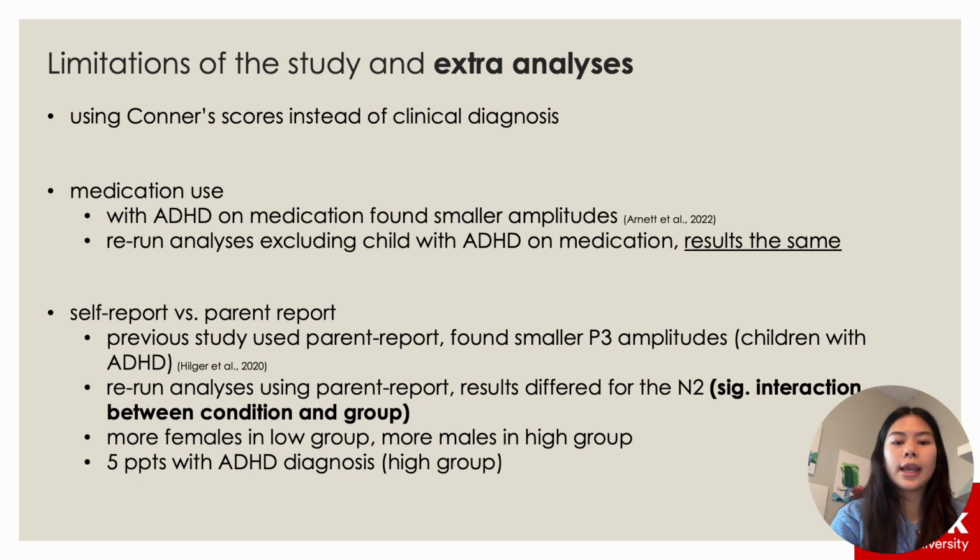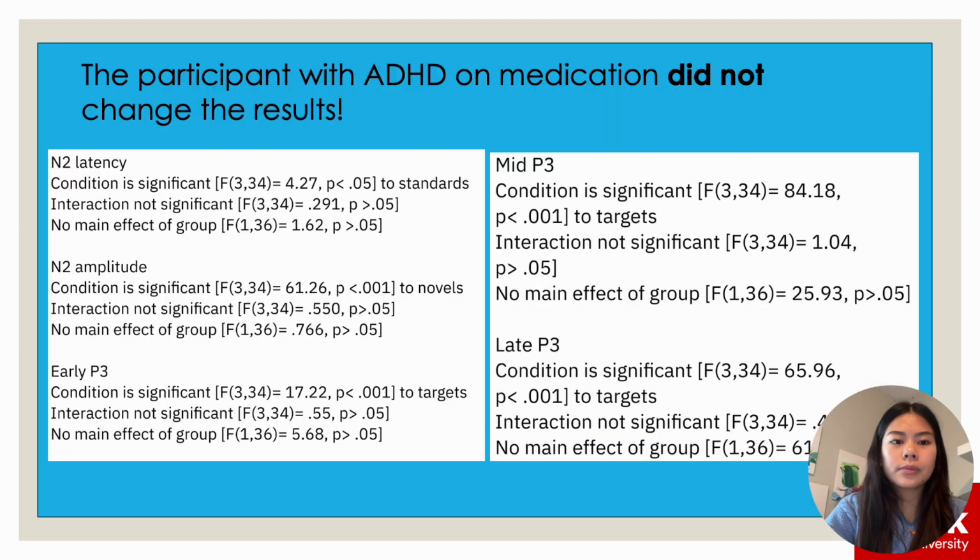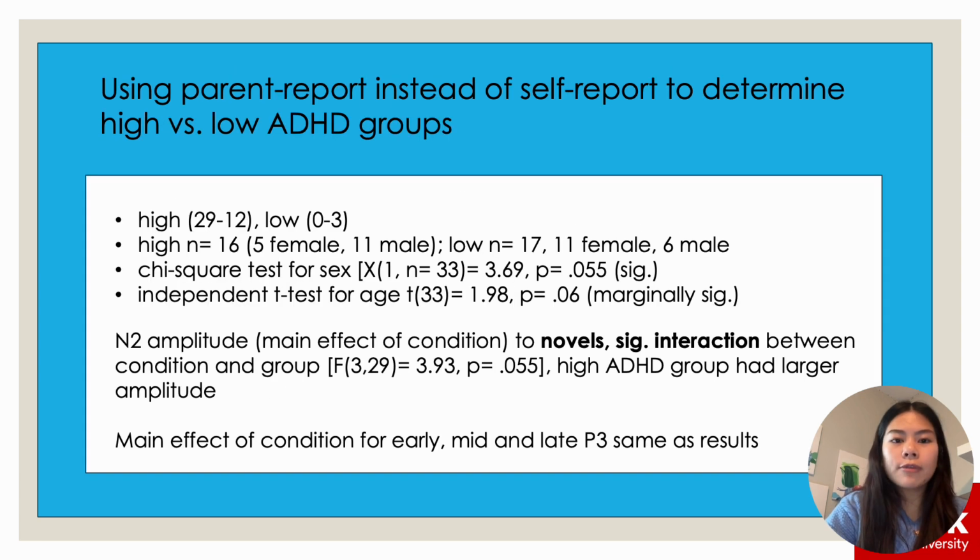Also, for the high ADHD trait group based on parent report, there were 5 participants with an ADHD diagnosis, compared to when I used self-report, where there was only 1 participant in the high group. As you can see here, the medication analyses did not change the results, and using parent report instead of self-report, there was a significant interaction.